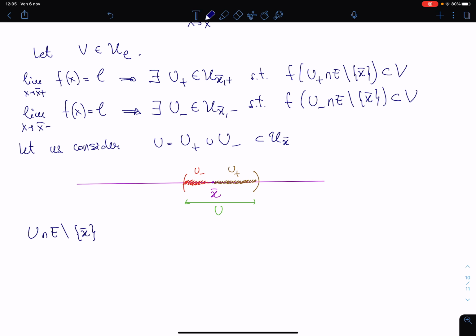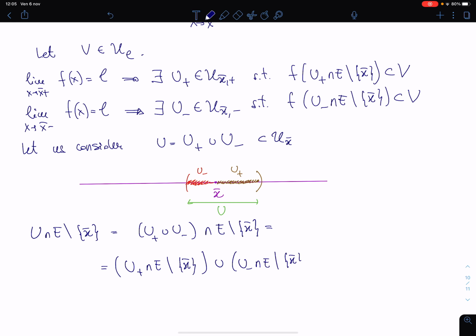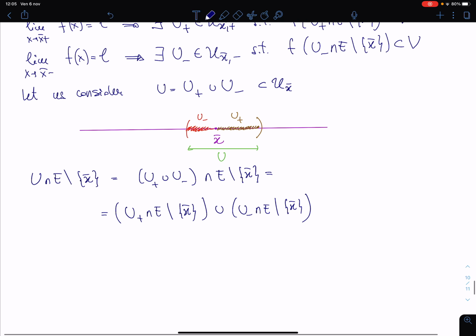And of course, this is U plus union U minus intersection E minus x bar, and then by distributivity of the union with respect to the intersection, we have U plus intersection E minus x bar union U minus intersection E minus x bar.